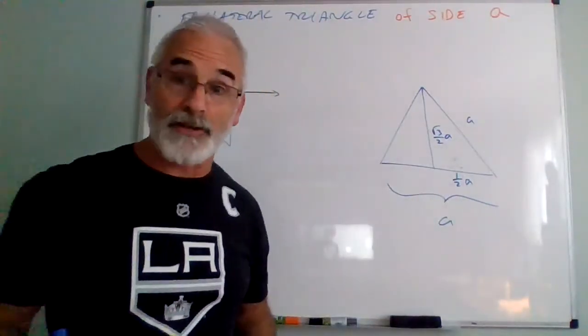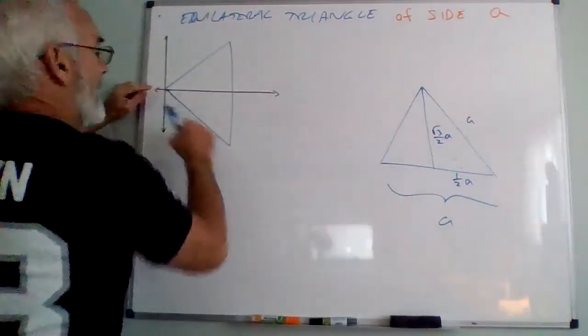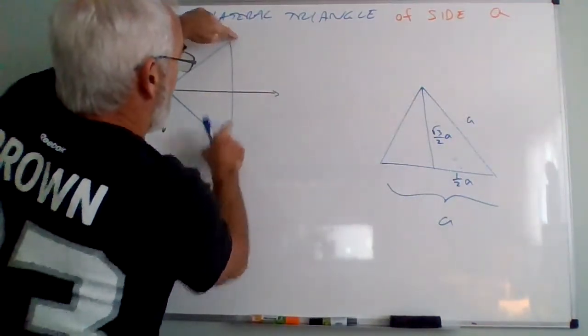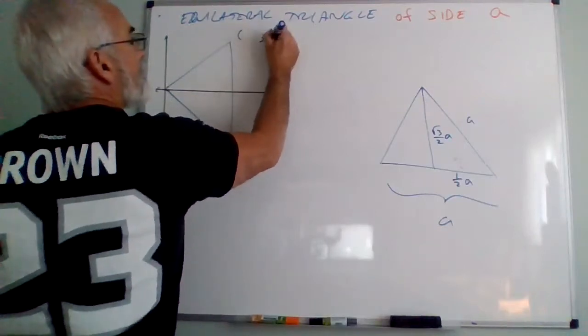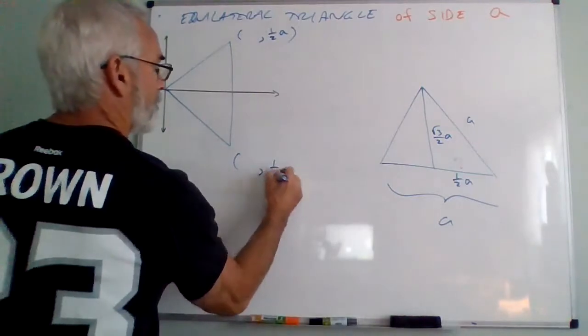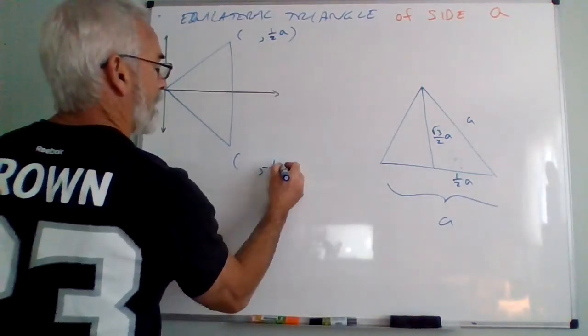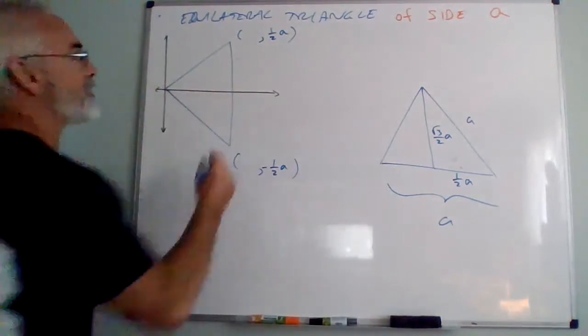You remember that from a 30, 60, 90 triangle. So if I'm setting this on its side, if that distance is A, then that distance is only 1/2 A. Okay? This would be then negative 1/2 A. So then what's this distance? That'd be root 3 over 2 A.